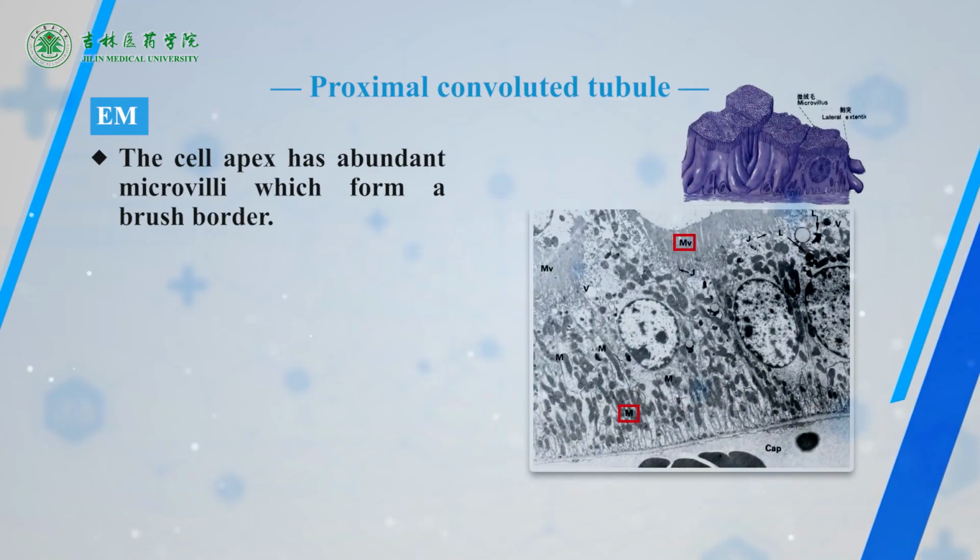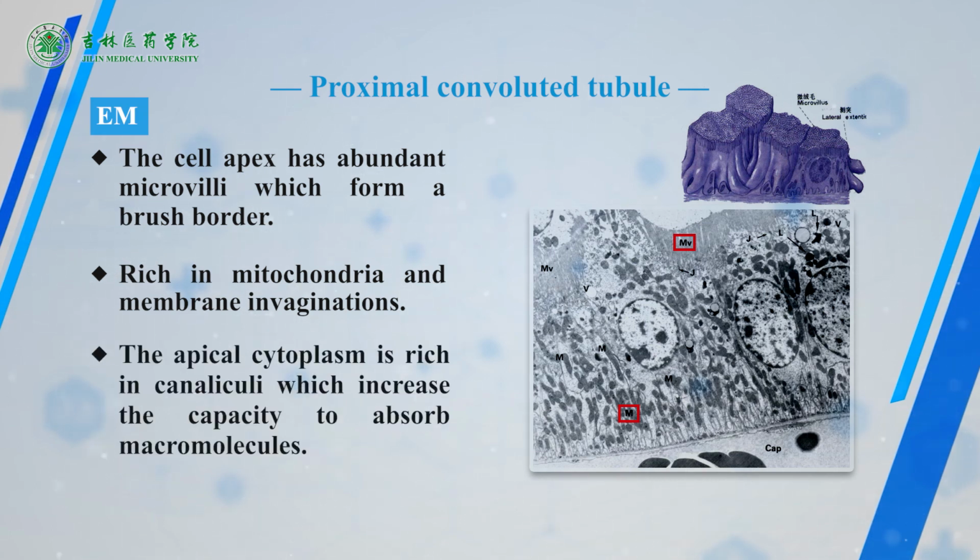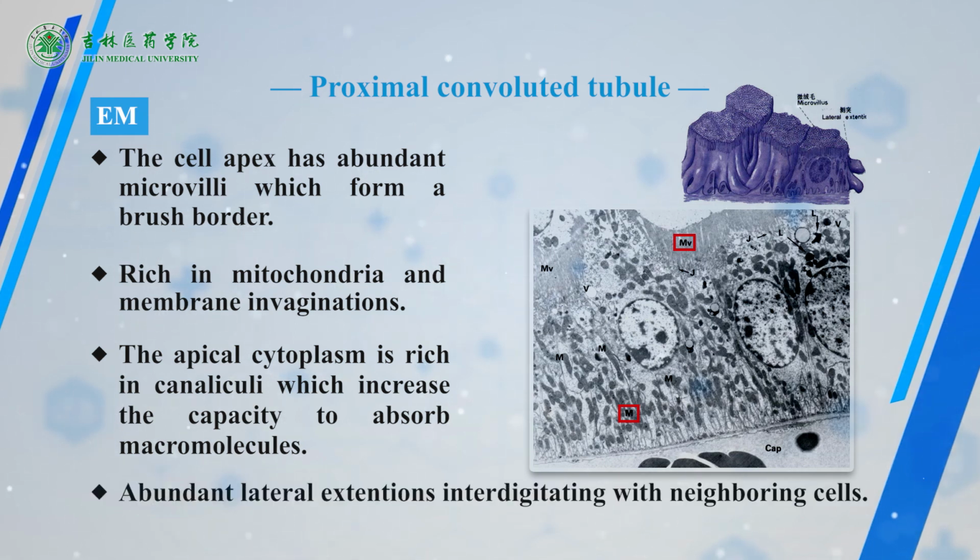The cell apex has abundant microvilli, which form a brush border, rich in mitochondria and membrane invaginations. The apical cytoplasm is rich in canaliculi, which increase the capacity to absorb macromolecules. Abundant lateral extensions interdigitate with neighboring cells.